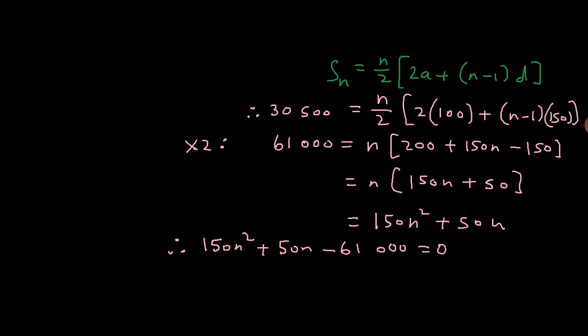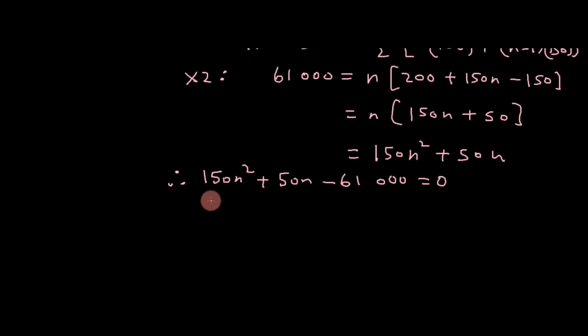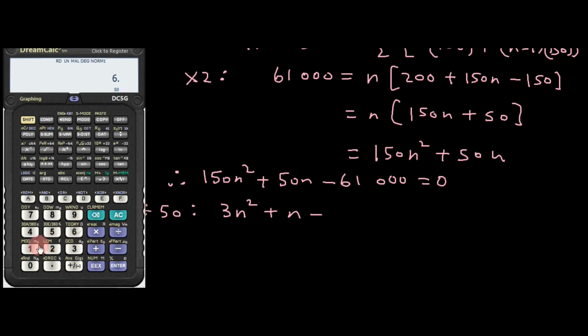We end up with a quadratic equation in n. We can simplify it first by dividing through by 50. And 61,000 divided by 50 is 1,220.